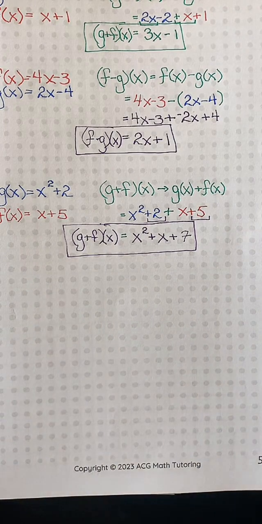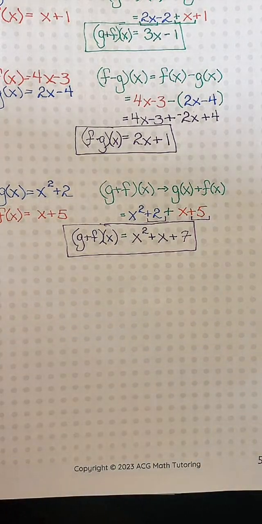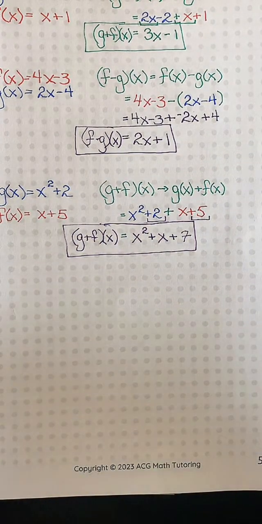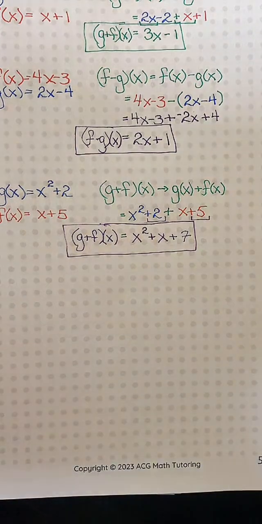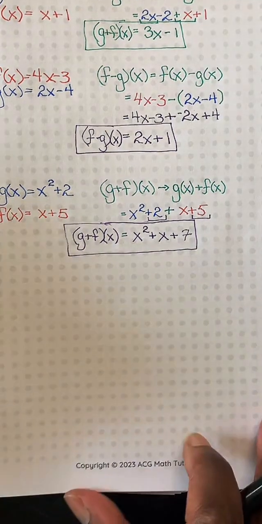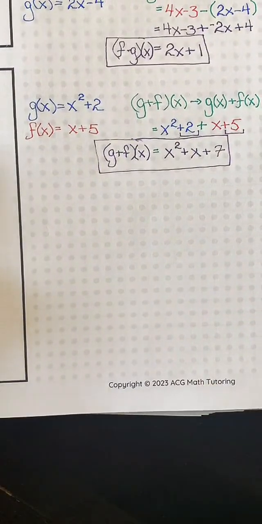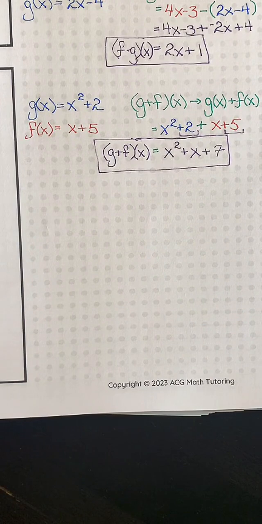All right. Let me do a couple more. I'm not going to get too crazy with it before I get into adding a number into it. You're like, what? I'm like, yes. There's always an extra step. All right.